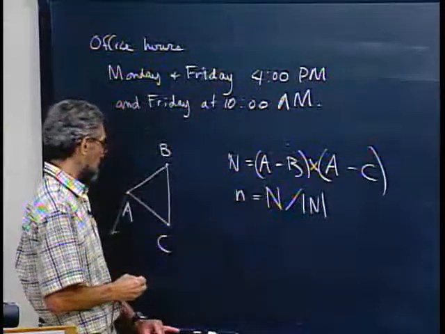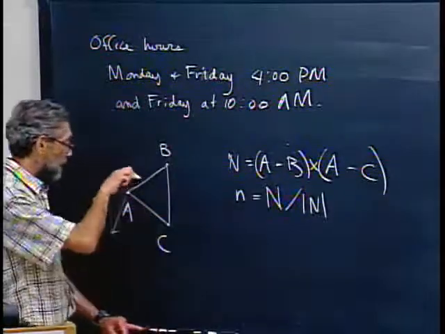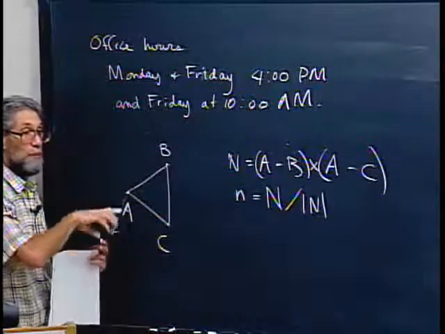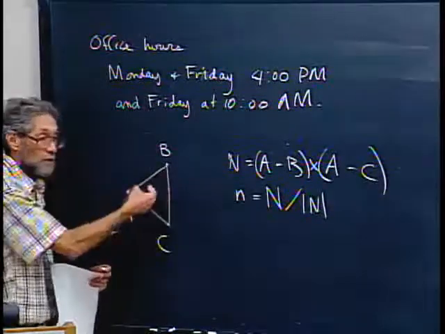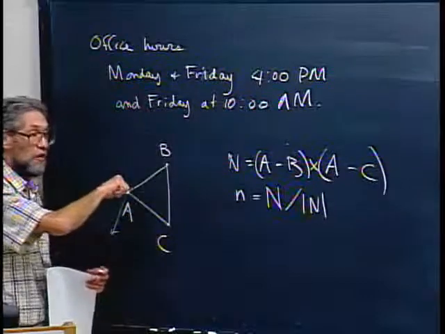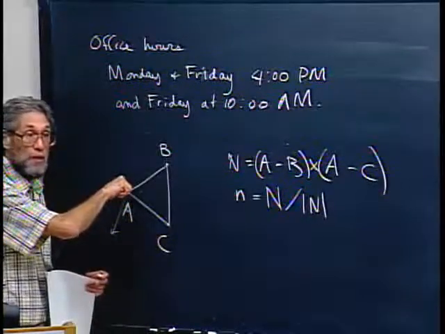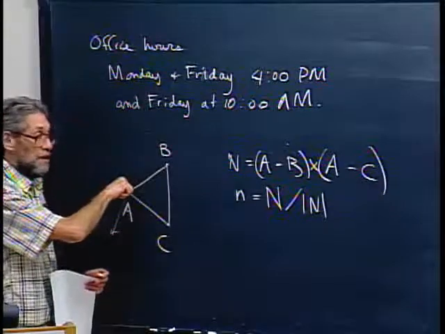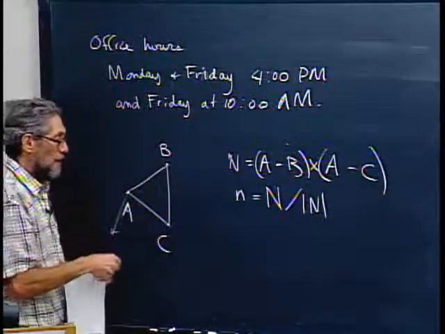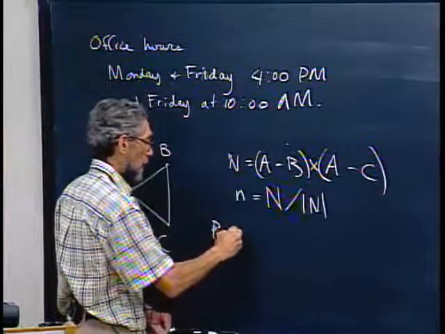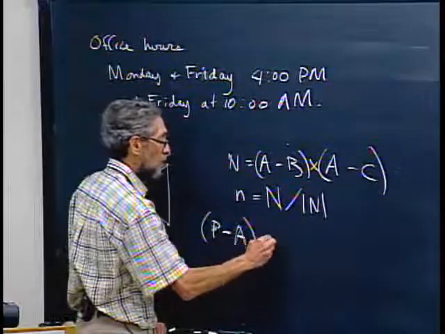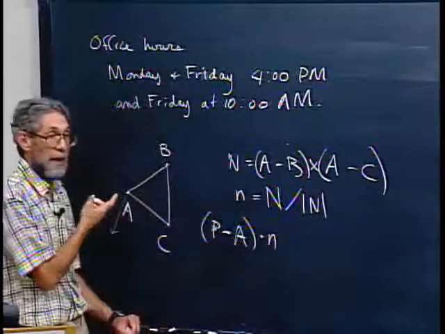And now, in this particular case, because my triangle actually was clockwise when viewed from our side of the blackboard, my right-hand rule gives me a normal that's actually pointing into the blackboard. So if I have a point behind the blackboard and I take P minus A, actually I can use any point, and dot it with this unit normal vector, I'm going to get a positive number.